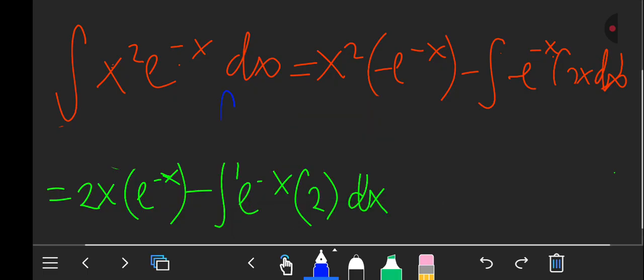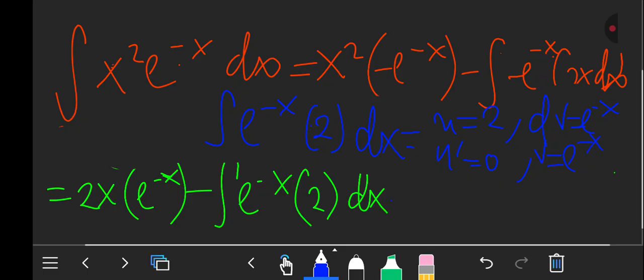If I find the integral of e to the power negative x dx, my u will now be a 2, my dv will now be e to the power negative x, then my u prime, the derivative of a constant, is equal to 0, my v will now be e to the power negative x.